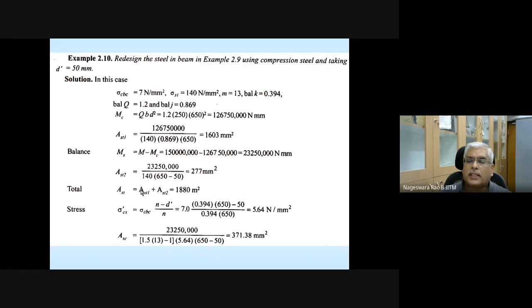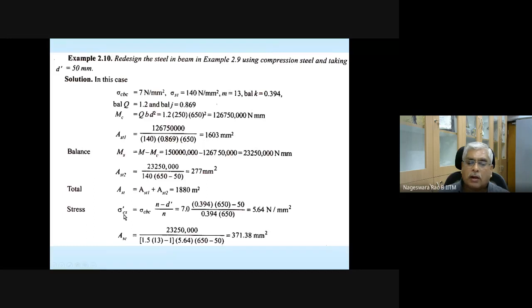How to calculate this additional compression steel? For that, we require the stress at the level of compression steel. Stress at the level of compression steel can be obtained from stress in concrete at the level of compression steel.